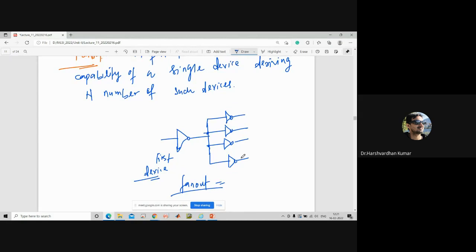So what will be the fan out for this configuration? It will be 4. Very good. So the fan out for the above circuit will be 4.